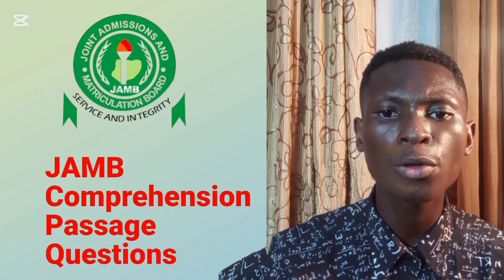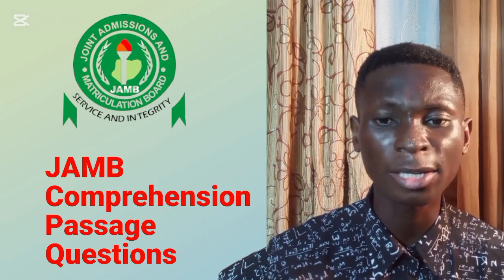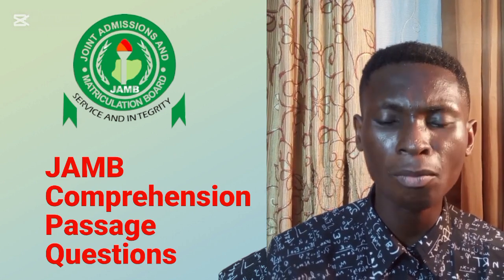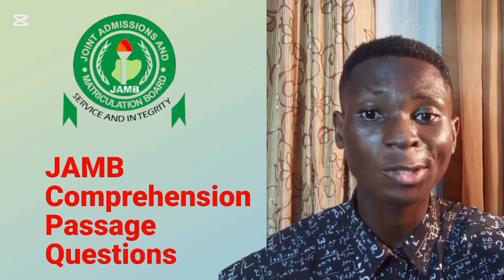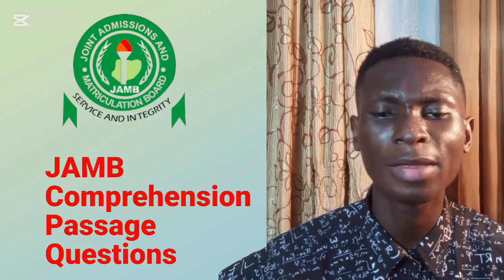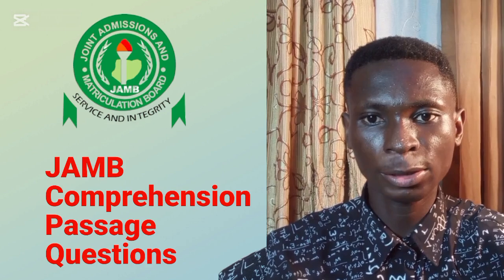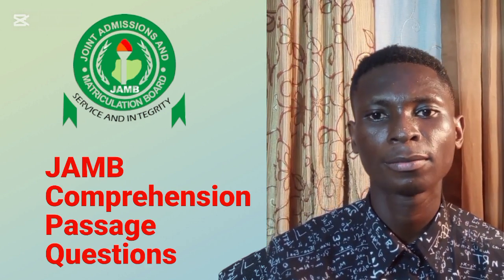So ensure you don't only identify the noun, but consider the number of the noun. Does it correspond with the number you have in the pronoun before you arrive at your answer? Please take note of these questions. They are very important.